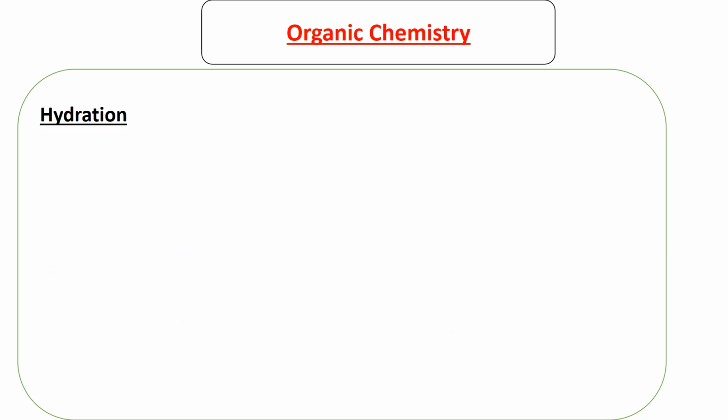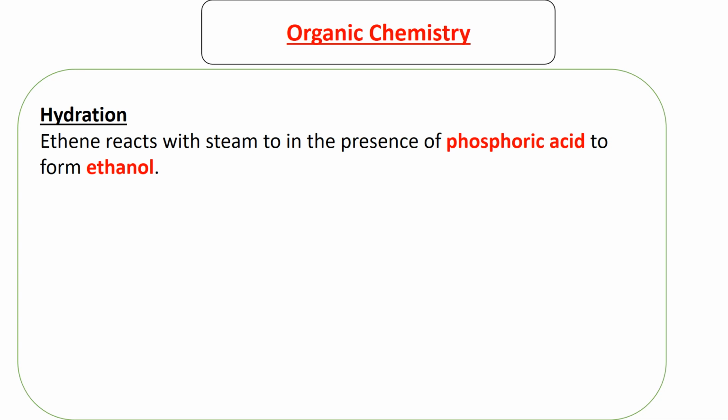The last one is hydration. Hydration is all about adding water. So, ethene reacts with steam in the presence of phosphoric acid to form ethanol. When you react ethene with water, then you're going to make ethanol. If you recall this reaction, it is also used to prepare ethene, where ethanol has water removed.